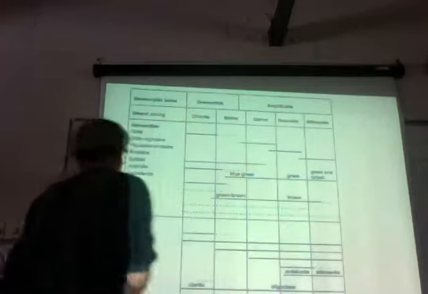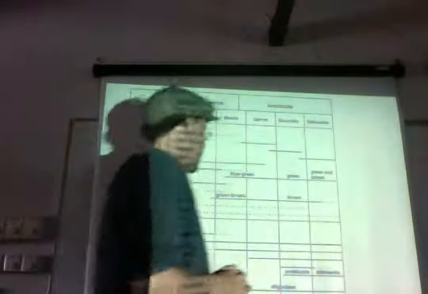Amphiboles also do not occur in metapelitic rocks. So these are some of the main differences in the mineral composition between the metabasic rocks and the metapelitic rocks. And if I were you, I would study this diagram for the examination.